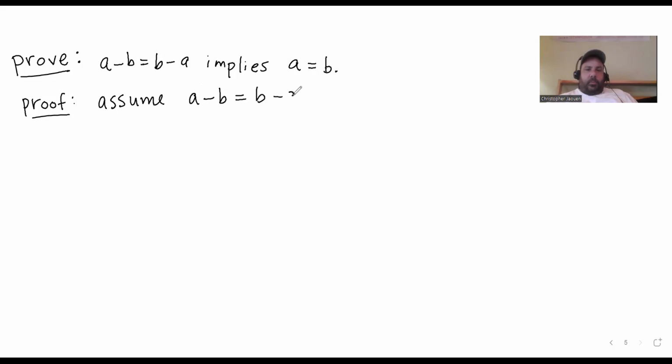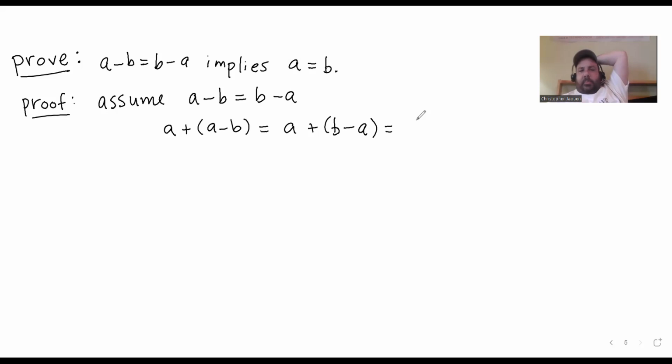Right, then let's see, we could add A to both sides. Right, and on the right-hand side, I can just switch things around by the commutative law for addition.